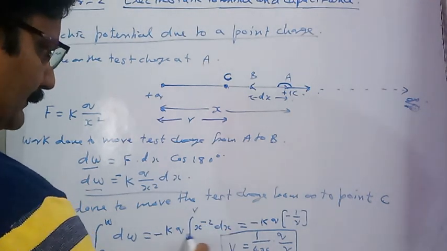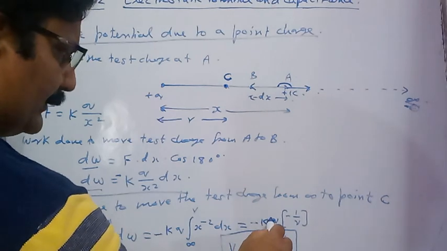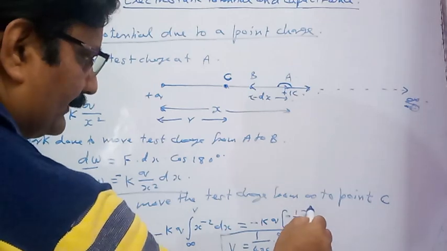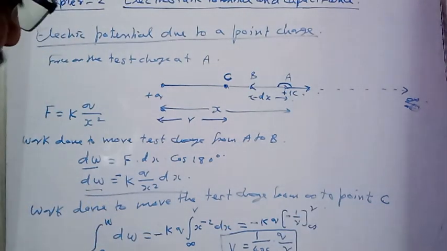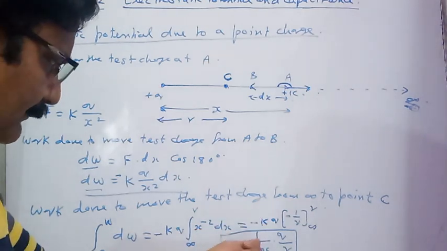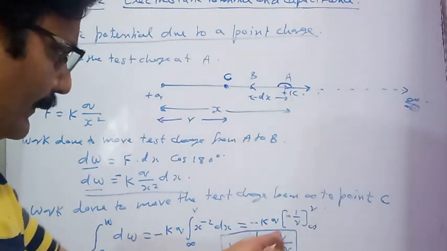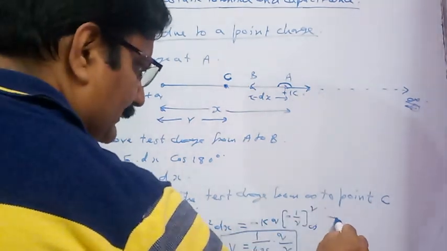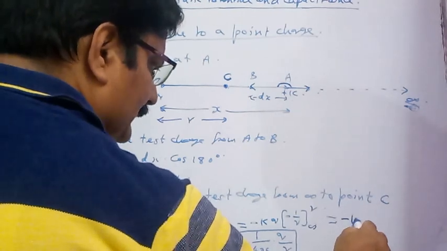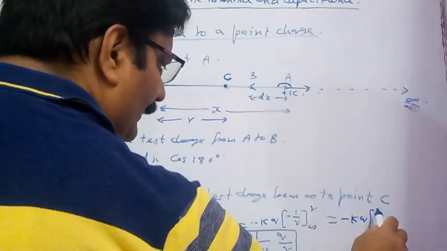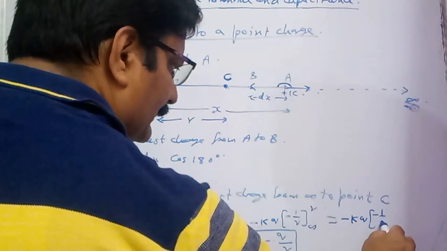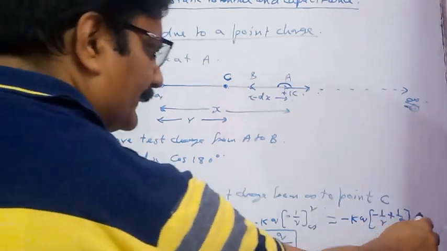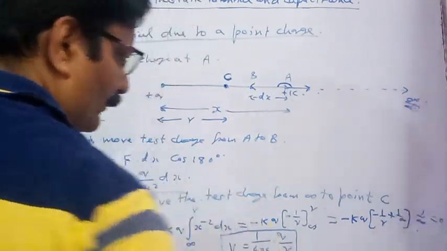So after integration, the quantity is going to be minus kq multiplied by minus 1 by r with limit infinity to r. After putting value of the constant k, that is 1 by 4 pi epsilon naught for air, and value of the limits, upper limit minus lower limit, it comes out to be minus kq into minus 1 by r plus 1 by infinity, and 1 by infinity is equals 0.